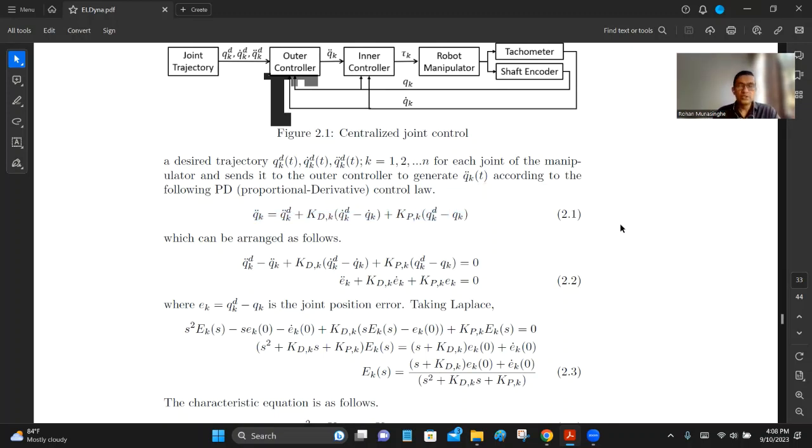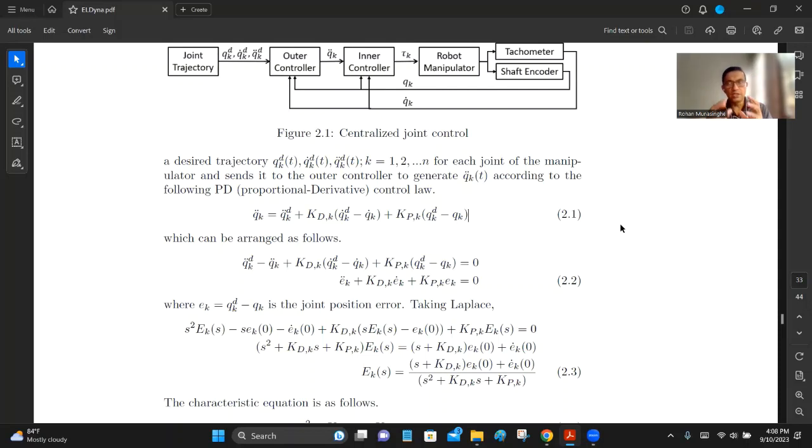Okay. So that's why it is very important that you figure out some sort of control law, right? It's a simple equation: how you calculate the control input based on the reference signal and the actual setup, position and velocity, right?